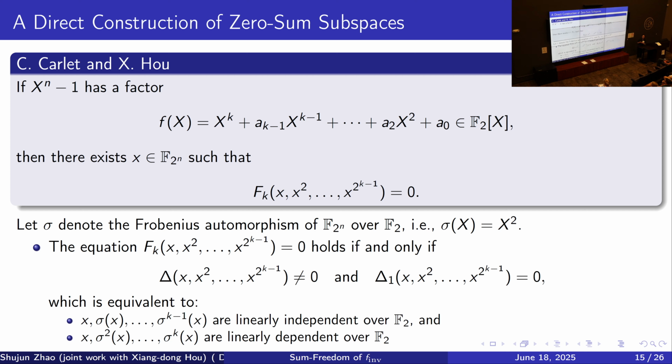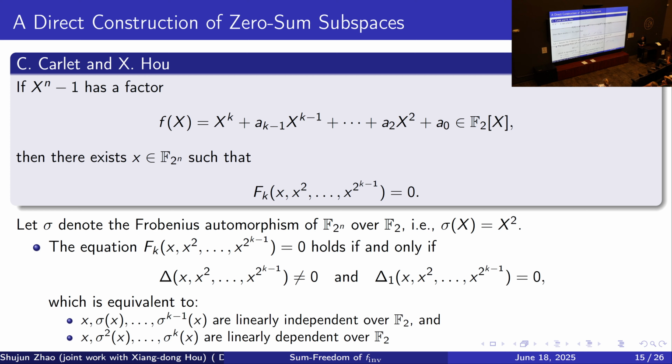And before I show you how we do it, let's call the Frobenius morphism sigma, which is the map sending x to x squared. And we will use a polynomial fk to show the existence.